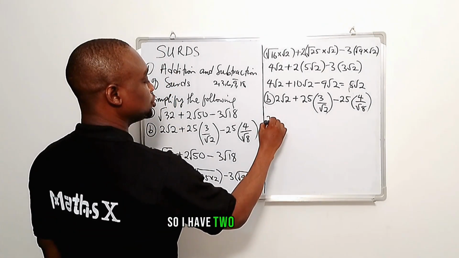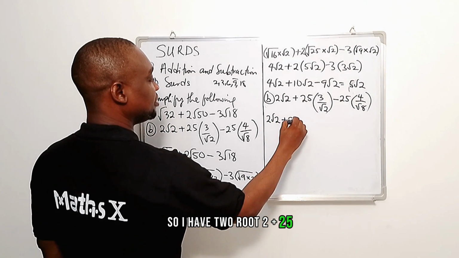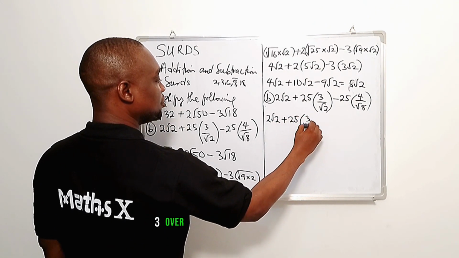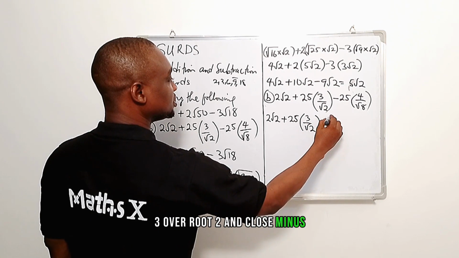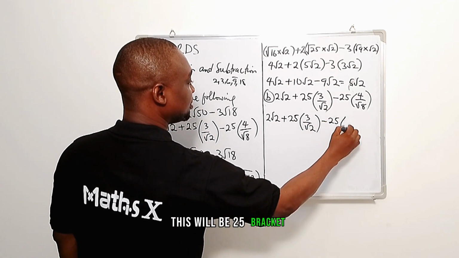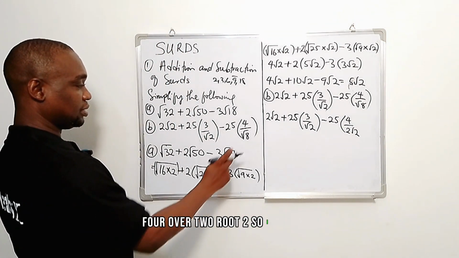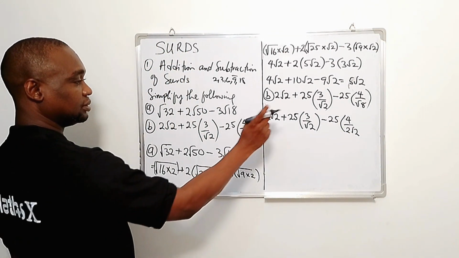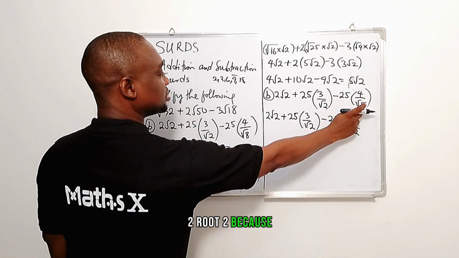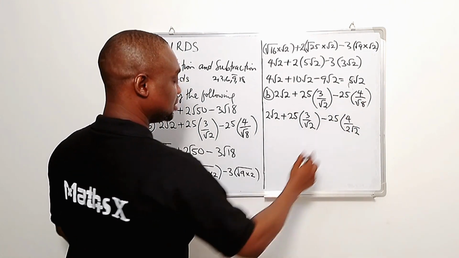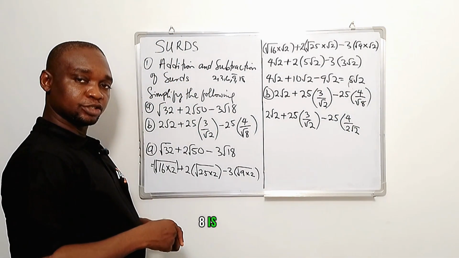So I have 2 root 2 plus 25, 3 over root 2, and close, minus 25 bracket 4 over 2 root 2. I had 2 root 2 because square root of 8 is 2 root 2.